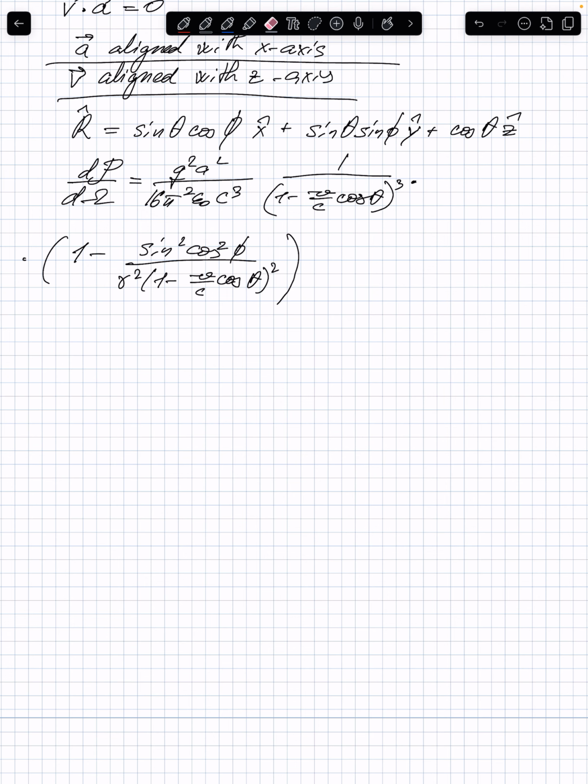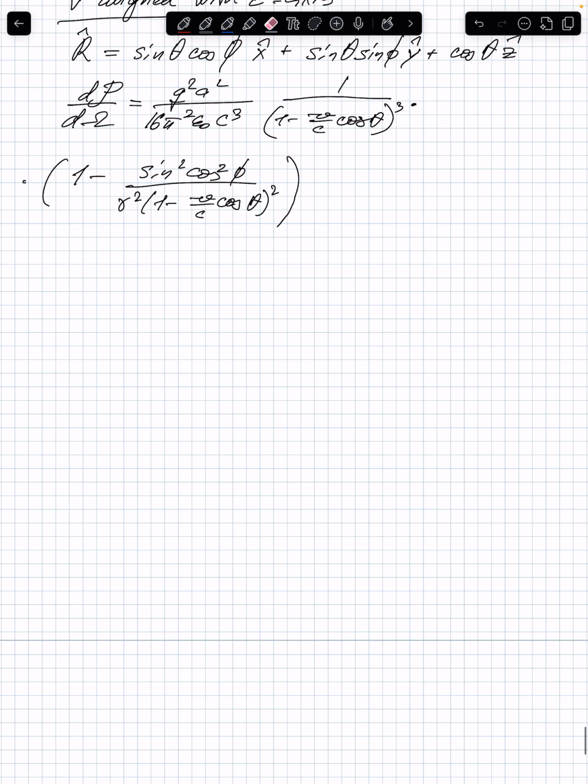Okay, and in the nonrelativistic limit the angular dependence simplifies a lot, and we'll just give the prefactor which will look like, it's just simple. This will drop out, this will drop out, gamma will become 1.